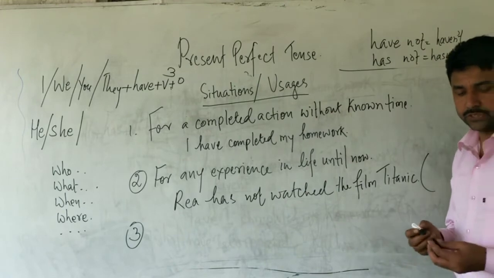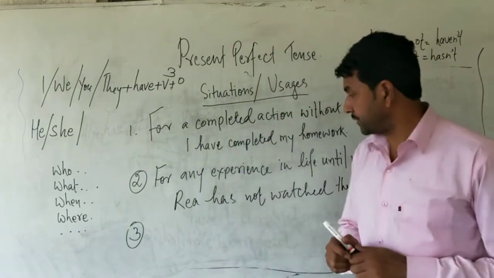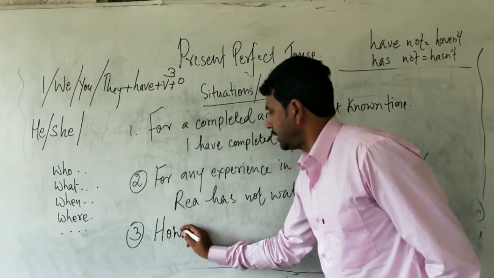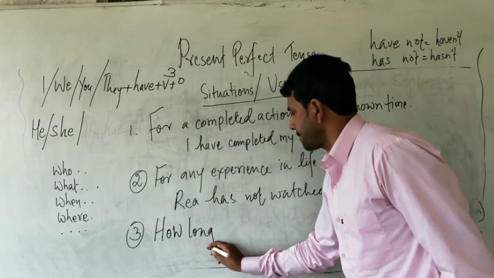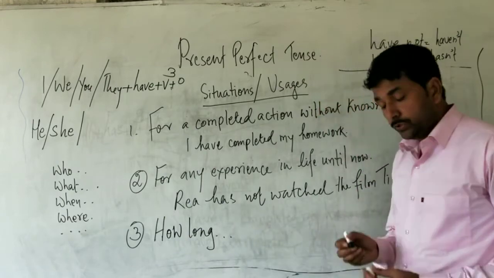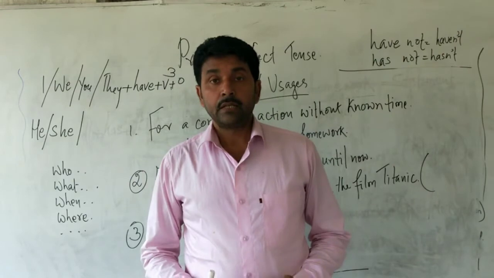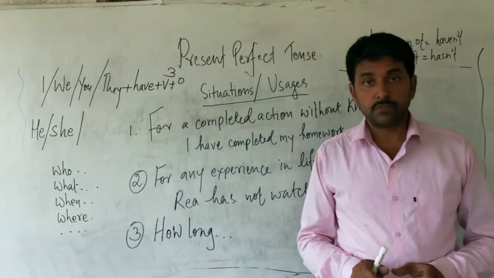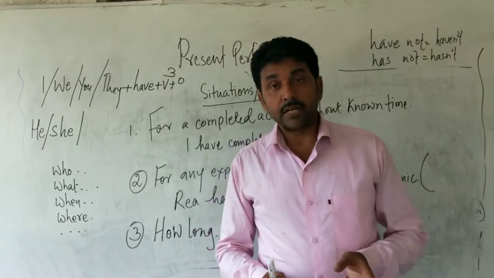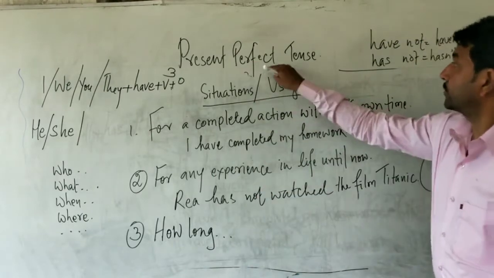There are some situations in which we use present perfect tense. For example, when we use how long to know the period of time until now, you have to use present perfect tense.